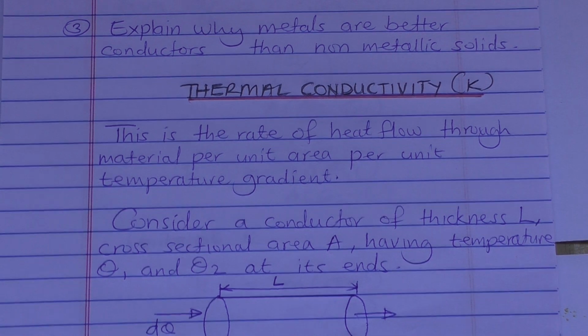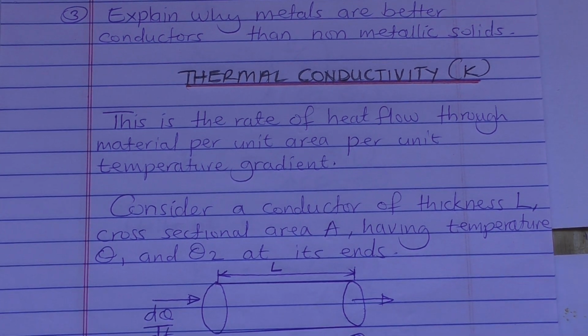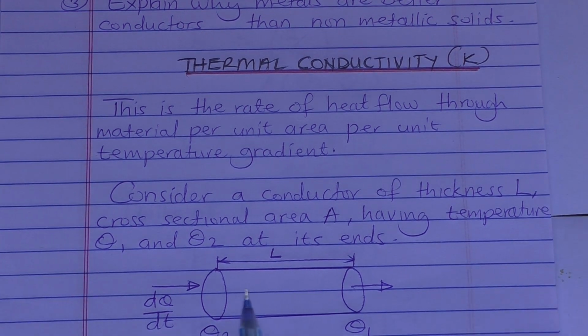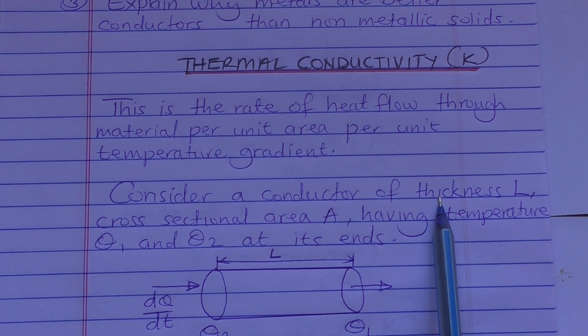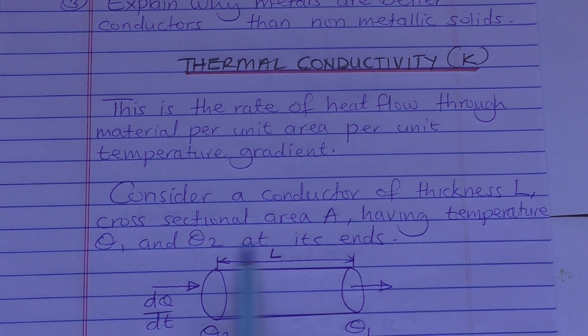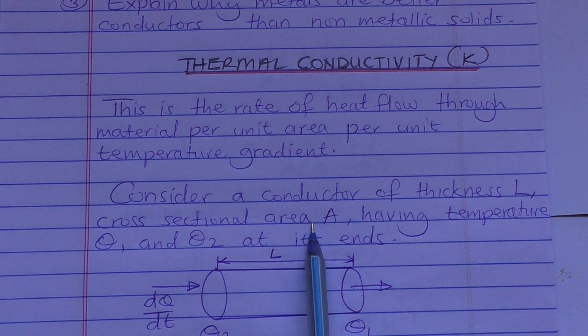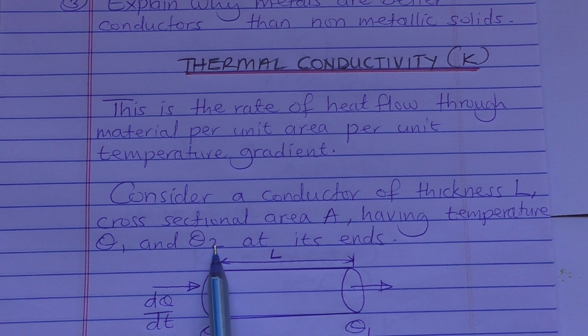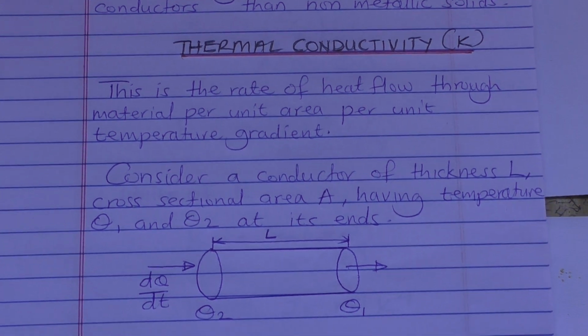So, in brief, to understand this better, let us consider a conductor of thickness L, cross-sectional area A, having temperatures theta 1 and theta 2 at its ends.